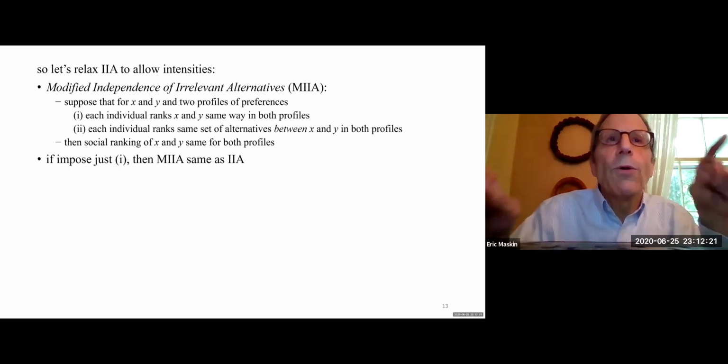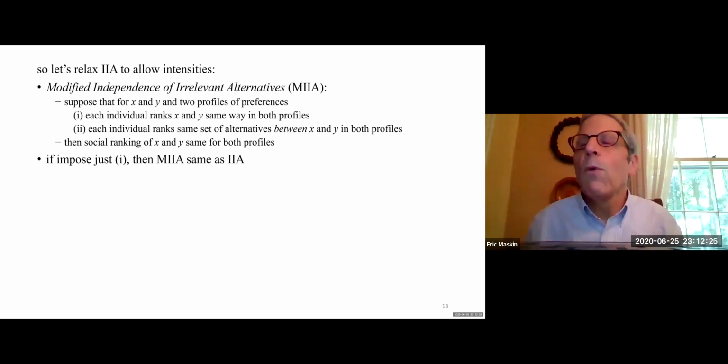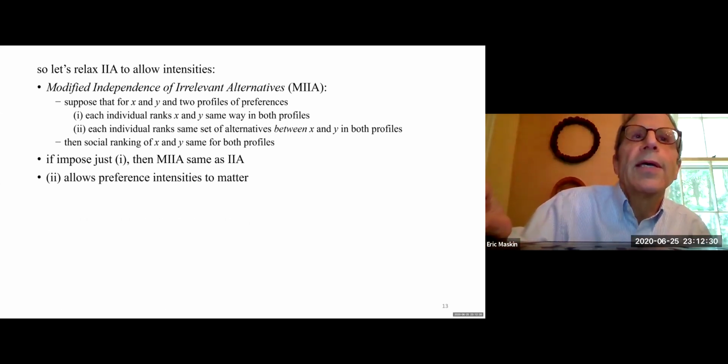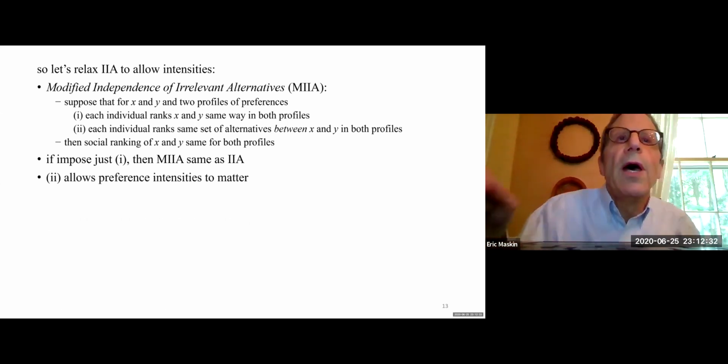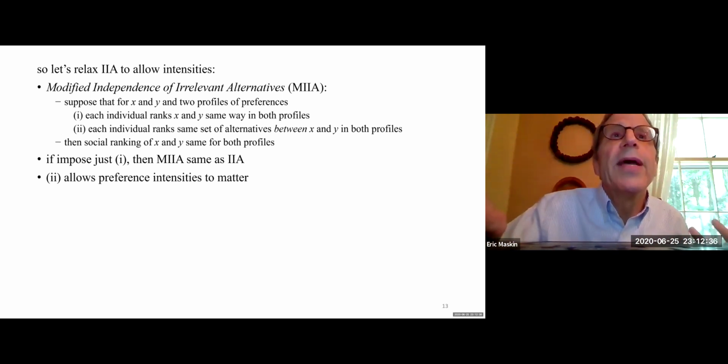Now, if we just imposed premise 1, then this would be ordinary Arrow IIA. But if we also impose premise 2, then we do allow preference intensities to matter.